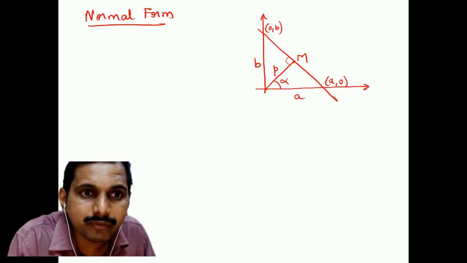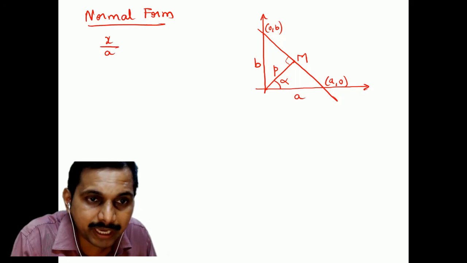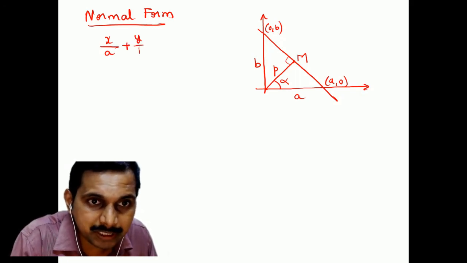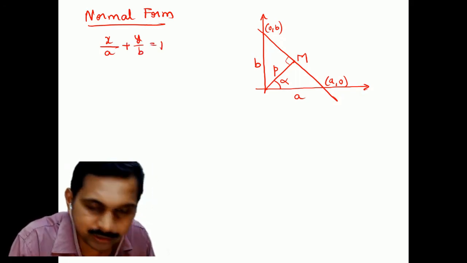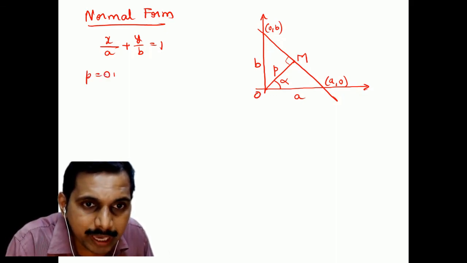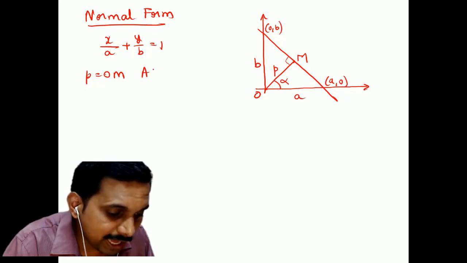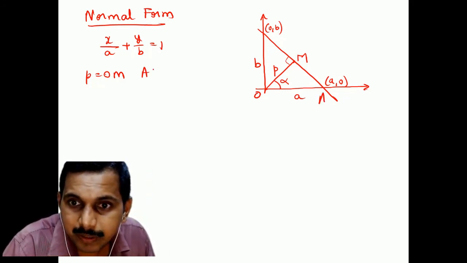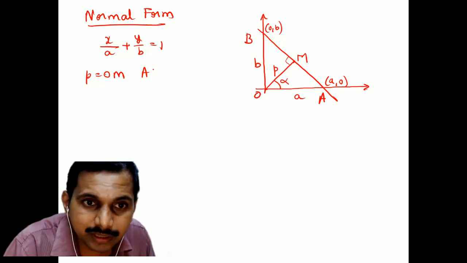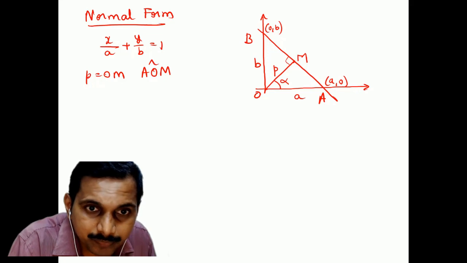Now the equation of the line, generally in the intercept form, is x by A plus y by B is equal to 1, is it not? Now P is OM. We have A here, B here, and the angle AOM is actually equal to alpha.